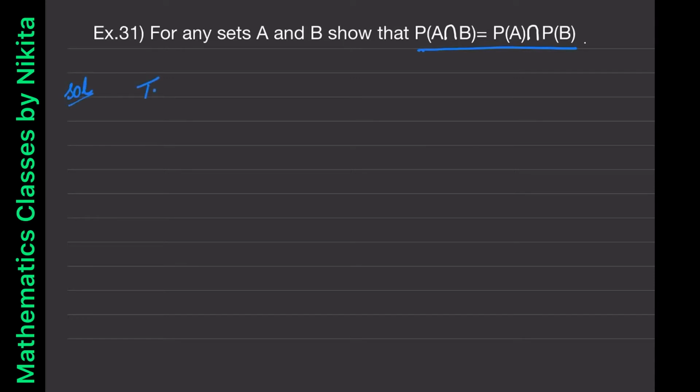First we will show that the power set of A intersection B is contained in the power set of A intersection the power set of B. To start, take any element in the power set of A intersection B. Now you know that the elements of a power set are sets, so we have to pick any set.